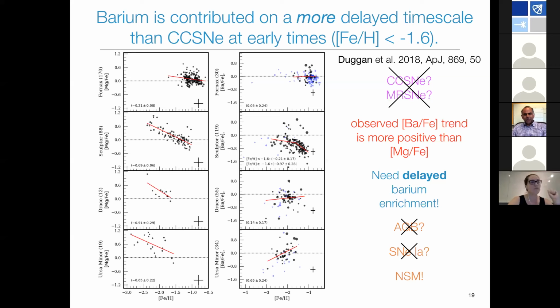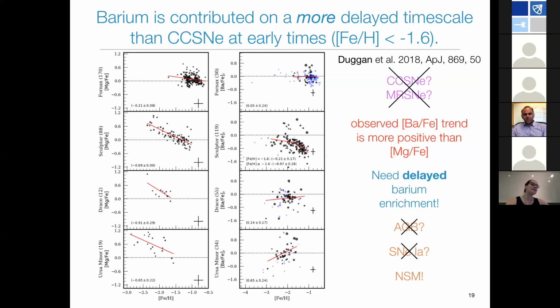Yeah, that's absolutely right. Because if it's a more positive slope, it means that there's some contribution occurring at a similar time scale as type Ia supernovae. It might not be sufficient to overpower the iron coming from type Ia supernovae in that galaxy.